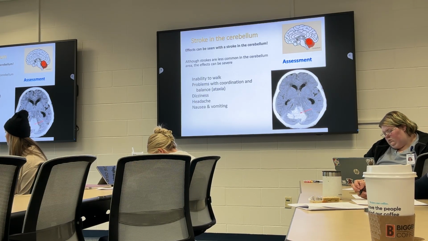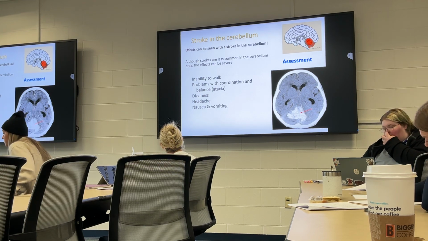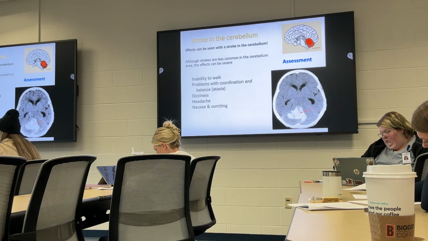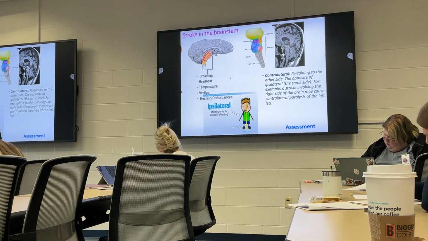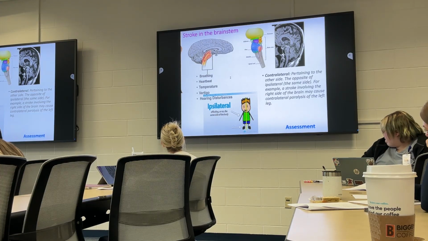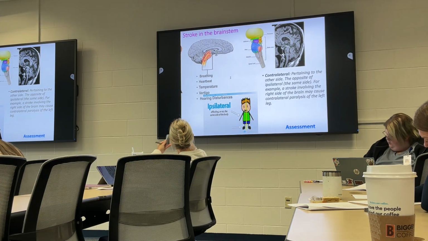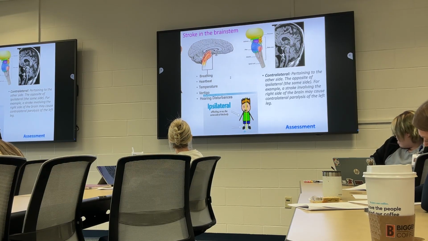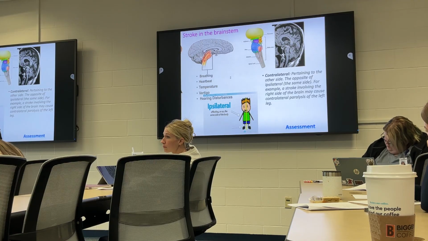So that's why when we went through the normals at the beginning of class, what's normal? This will help you with knowing where the stroke is. Heart, brainstem. The thing with ipsilateral and contralateral, ipsilateral means same side. Contralateral, think about it, contra, other side, opposite side.